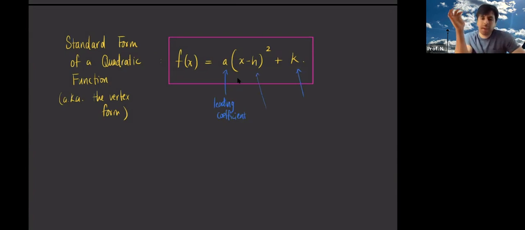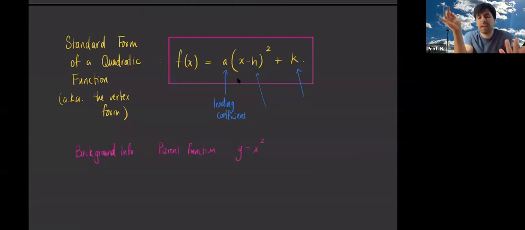Now, if you pay close attention to this, this is just some background info. If you consider the parent function for all of the quadratic functions, what is it? Isn't it y equals x squared? Isn't y equals x squared the simplest kind of quadratic function?